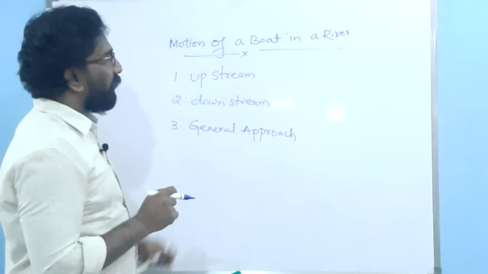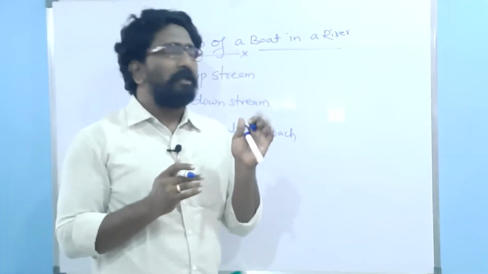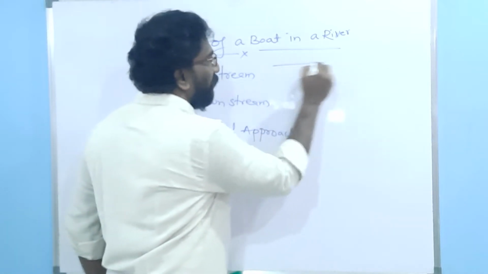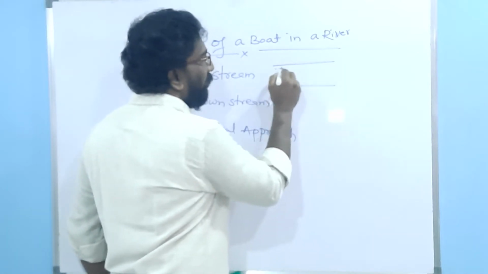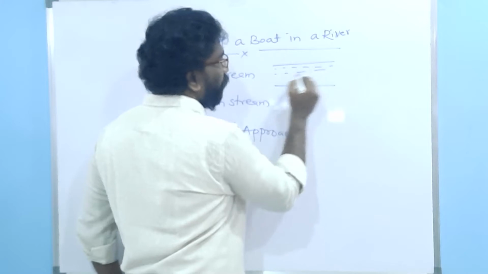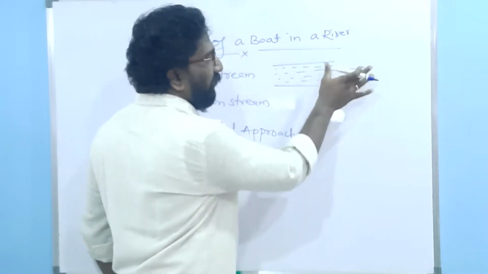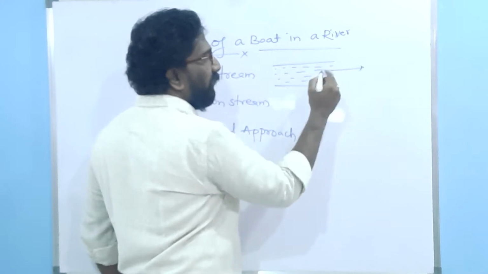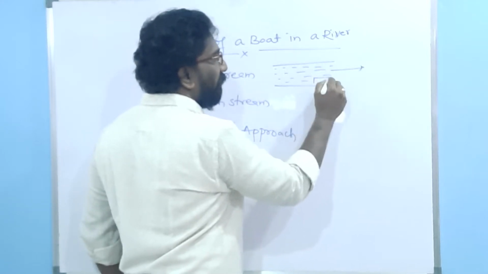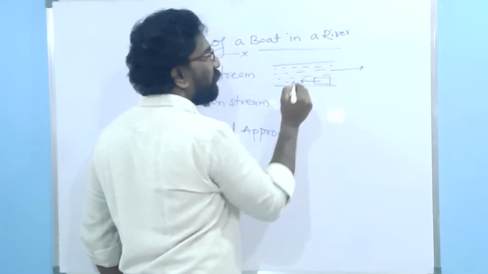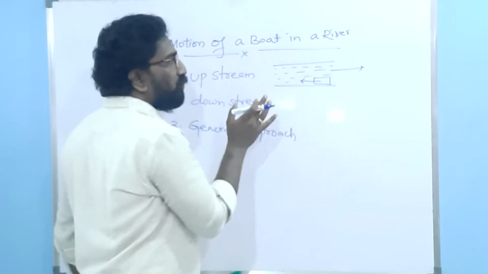So see here, when you talk about upstream, if this is my river and this is the flow of water, let the flow of water be in this direction. If the boat is traveling in the opposite direction, we call it an upstream motion.